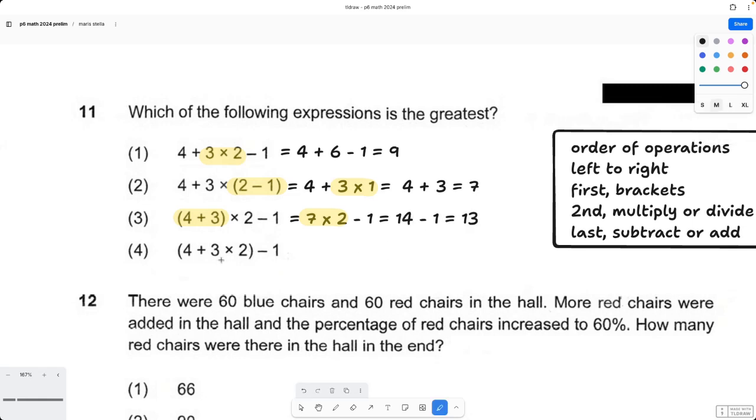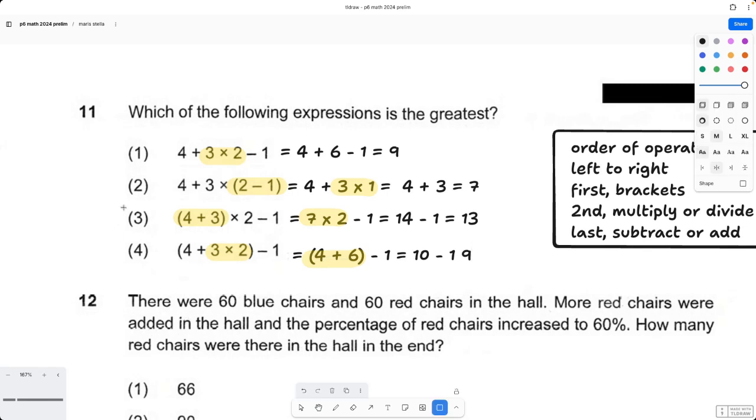So for this one, we do 3 times 2 inside the brackets. So that means 4 plus 6 minus 1. 4 plus 6 is 10, and then 10 minus 1 equal to 9.